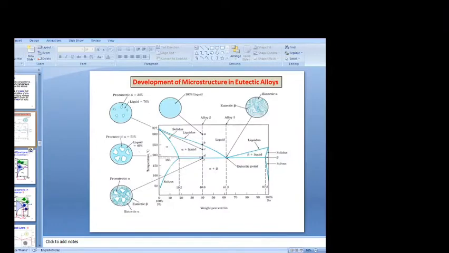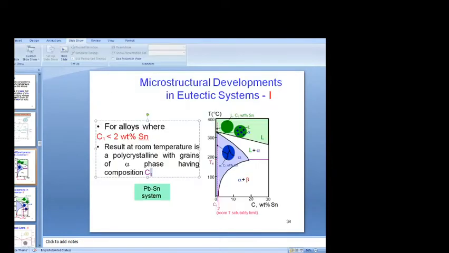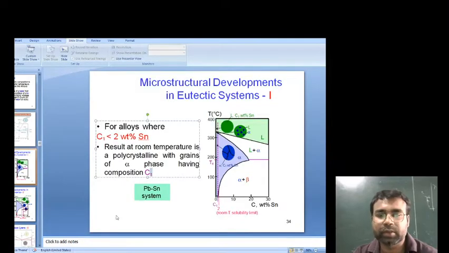We are only focusing on the eutectic system, as the eutectic system is related to the low melting temperature. So this microstructure development in the eutectic system we are going to discuss as we discuss this phase diagram.